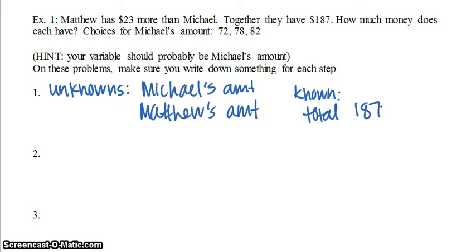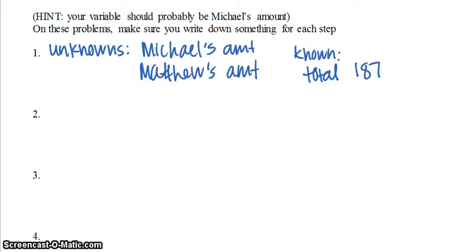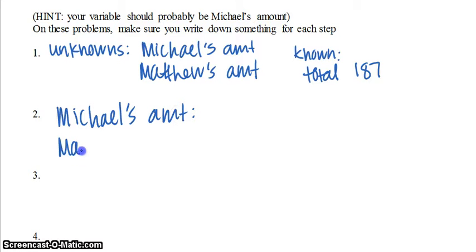Now, number 2, it tells us to define the variables. I'm going to do Michael first. Michael's amount is going to be something, and Matthew's amount is going to be something.